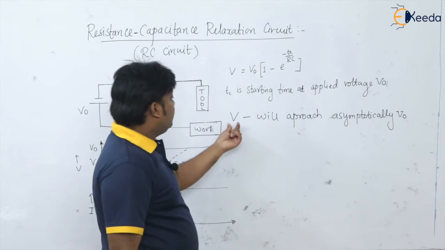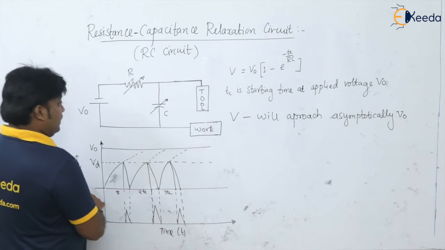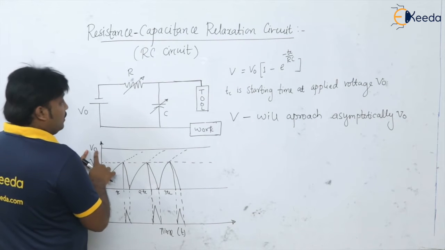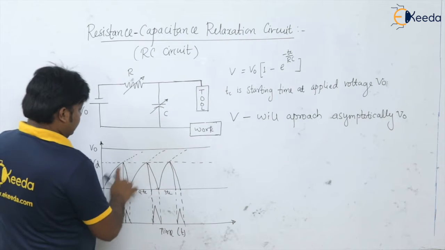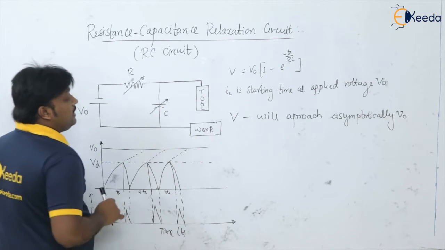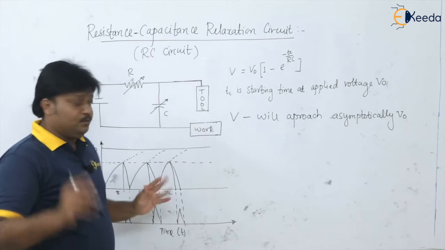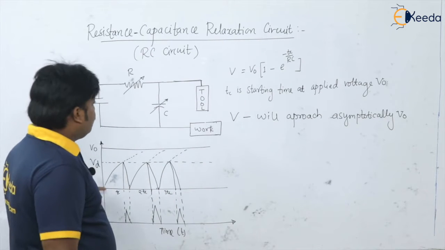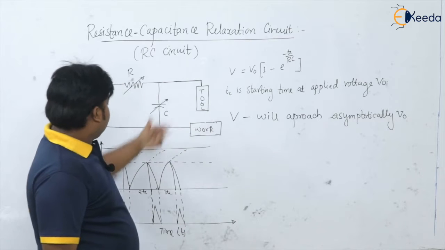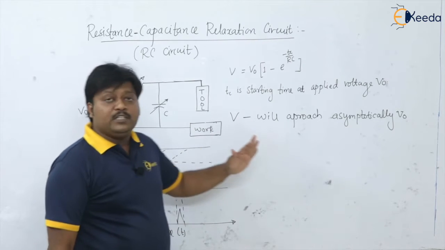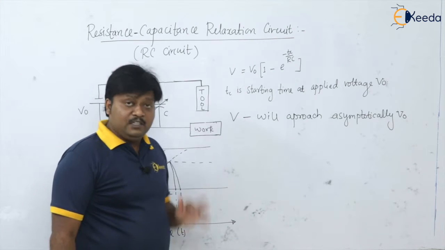Voltage V is approaching the source voltage asymptotically, as shown in the figure. This voltage at the gap will approach asymptotically the source voltage VO.